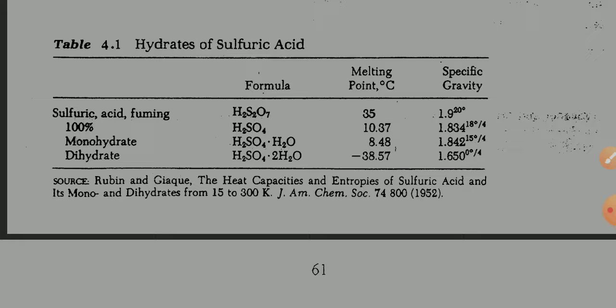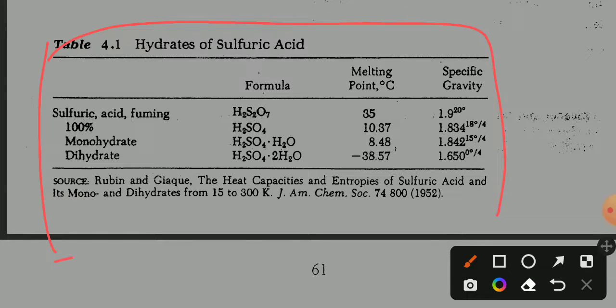The first one is fuming sulfuric acid, 100 percent, monohydrate and dehydrate. We will see the formula of sulfuric acid, H2S2O7, also fuming. The melting point is 35 and the specific gravity is 1.9. Okay, and the 100 percent H2SO4 has a melting point of 10.37 and a specific gravity of 1.834 at 18/4.